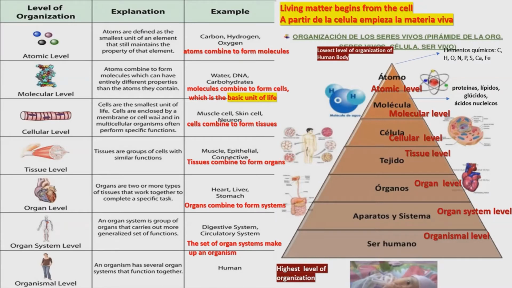Cells are enclosed by a membrane, and in multicellular organisms often perform a specific function. Examples of cells are muscle cells, skin cells, nervous cells, that is the neuron, and the cells combine to form the next level, the tissue level.